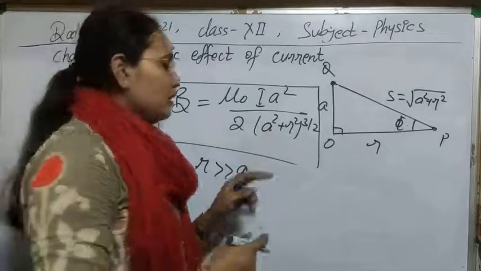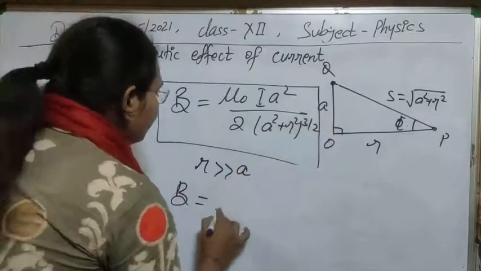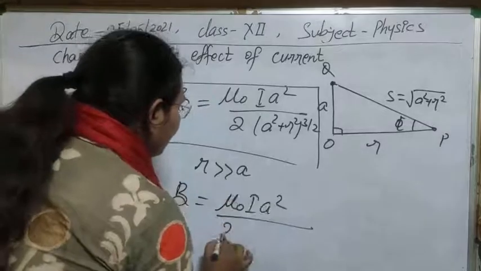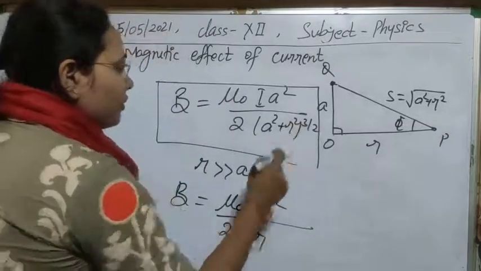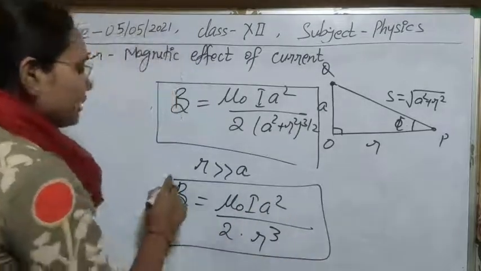After that, the magnetic field for the far point can be calculated as mu 0 I A square upon 2 times R square power 3 by 2, or R cube. This is our answer for that case.